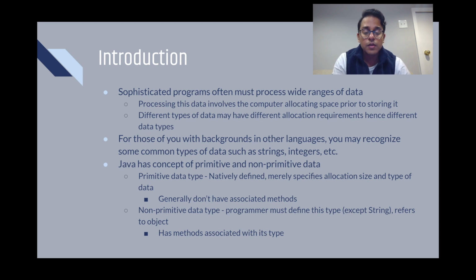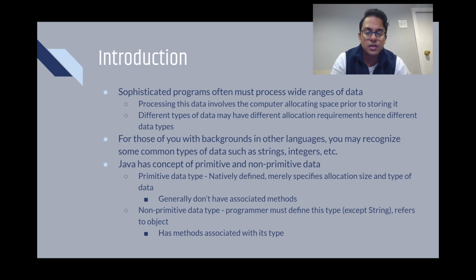And this type of data merely specifies the allocation size of the information that's going to be stored, as well as the type of data that's going to be stored. So it still covers the two basic requirements that we talked about for processing data on the computer front, but it doesn't have the additional capabilities that we'll talk about with non-primitive data types, such as having associated methods.